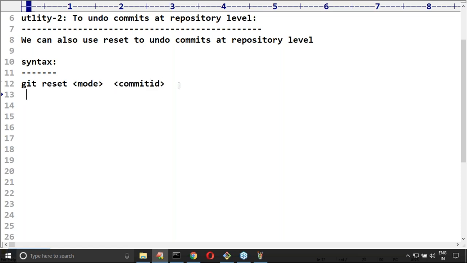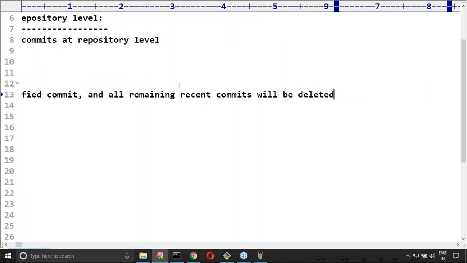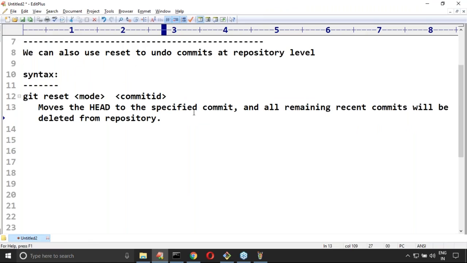Observe carefully: it moves the head to the specified commit, and all remaining recent commits will be deleted from the repository. Please make sure you have clarity about this. Clear, right?